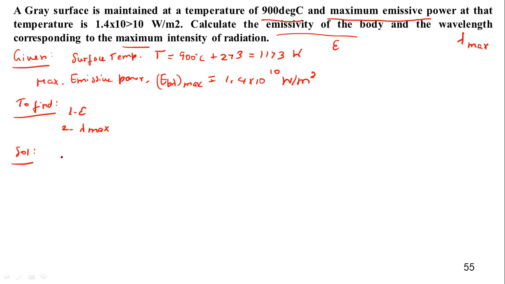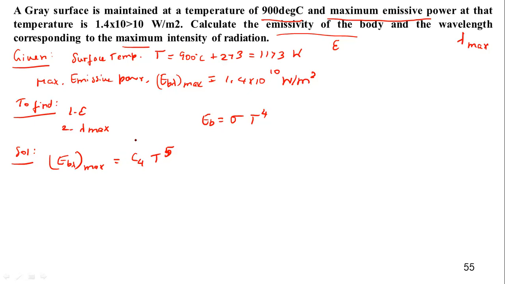So the first solution. We know the maximum emissive power, E_b lambda max. The formula for maximum emissive power is obtained from Stefan-Boltzmann's law: C4 into T power 5, sorry, T power 5, the fifth power of surface temperature. In Stefan-Boltzmann's law, E_b is equal to sigma, the Stefan-Boltzmann constant, into the fourth power of temperature.